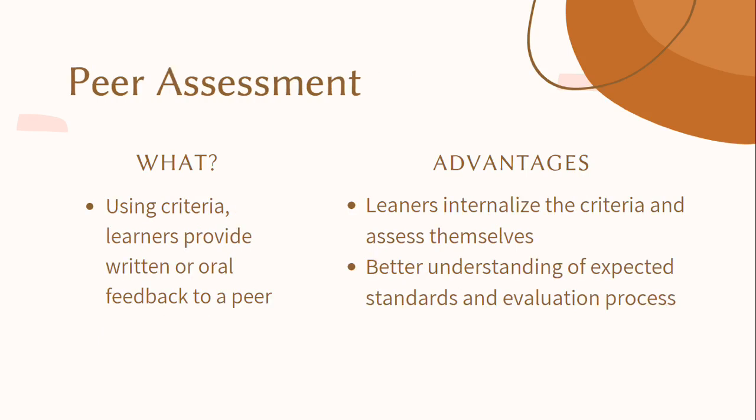And last, we have peer assessment. So what does it do? Well, this peer assessment uses criteria wherein learners provide written or oral feedback to a peer. And on its advantages, the learner here internalizes the criteria and assesses themselves. And also, it gives better understanding of expected standards and evaluation processes.